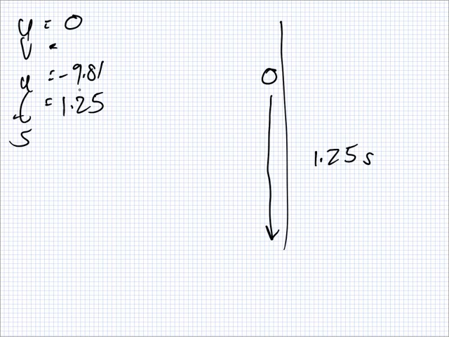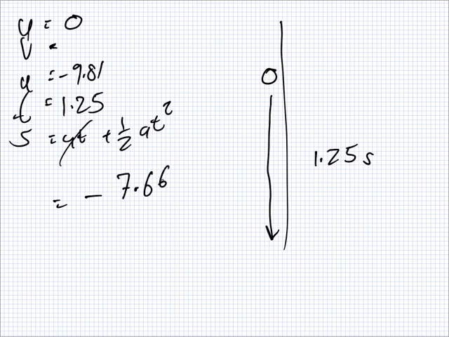So S equals UT, which is 0, plus a half AT squared. So I get here minus 7.66. So this distance here is 7.66.